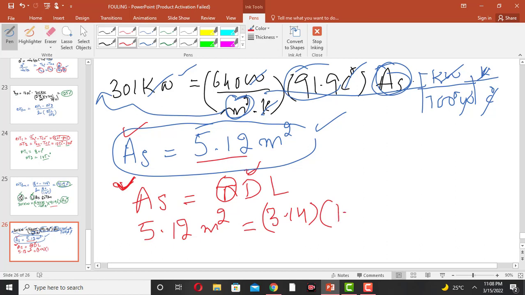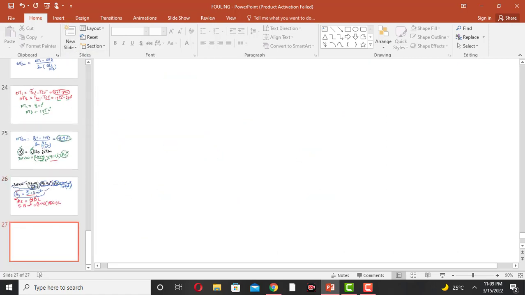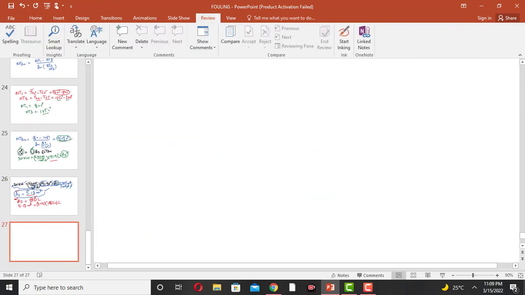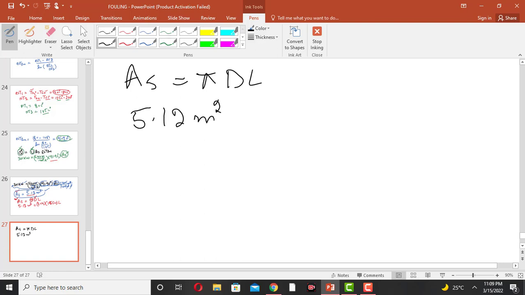So from this we can obtain the length of the heat exchanger. The surface area is equal to pi d l, so 5.12 square meter is equal to 3.14 times 1.5 centimeter times length.